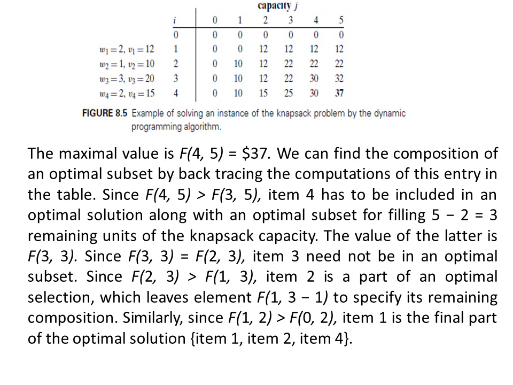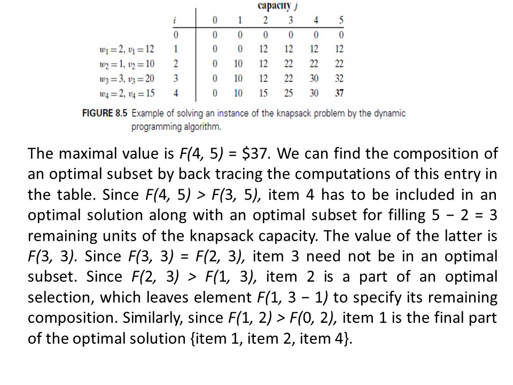So the maximum value is f of 4, 5, where 4 is the item number and 5 is the capacity of the knapsack, which is equal to 37. So trace it back. Consider the entire knapsack is empty, so the capacity of the knapsack is 5.